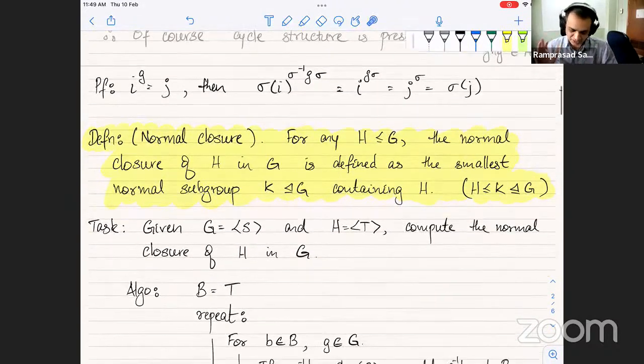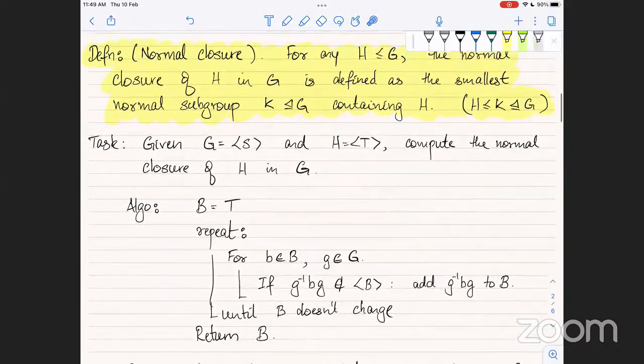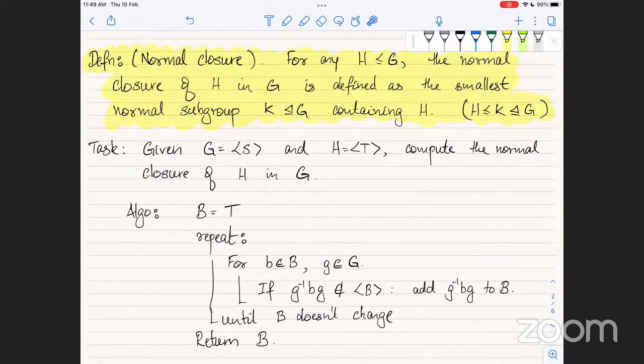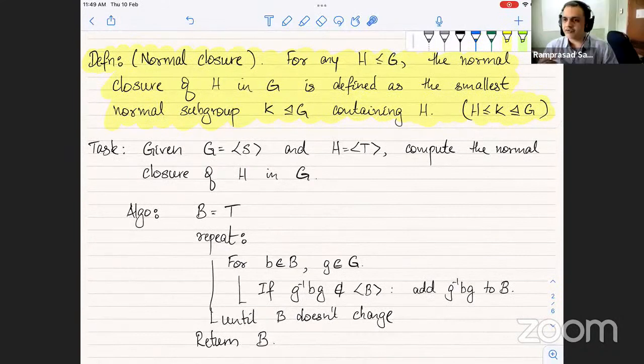So I'm just writing down: we take the intersection over sigma H sigma prime. How do you take an intersection?